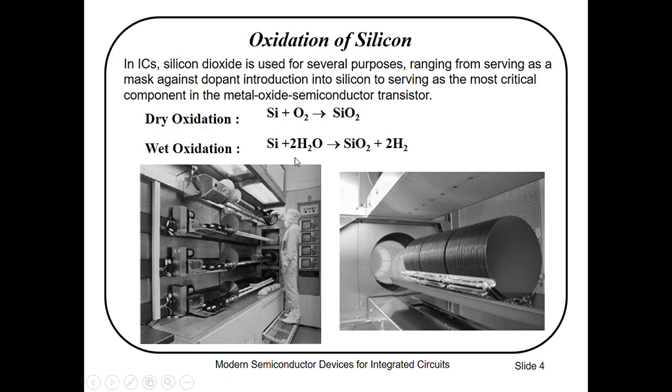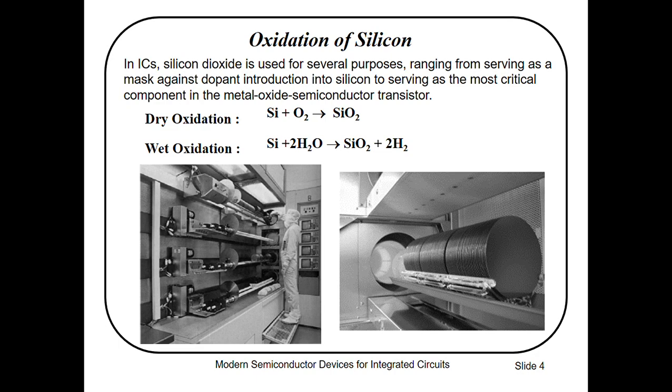Growth of SiO2 using oxygen and water vapor is referred to as dry and wet oxidation respectively. Dry oxidation is used to form thin oxide films. Wet oxidation, on the other hand, proceeds at a faster rate and is therefore preferred in forming thicker oxides.